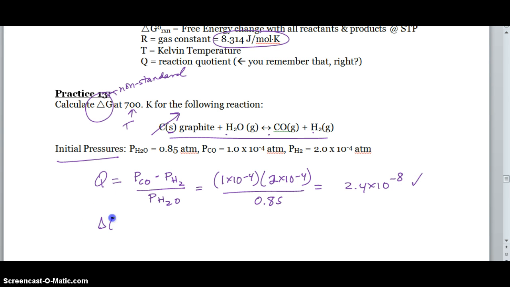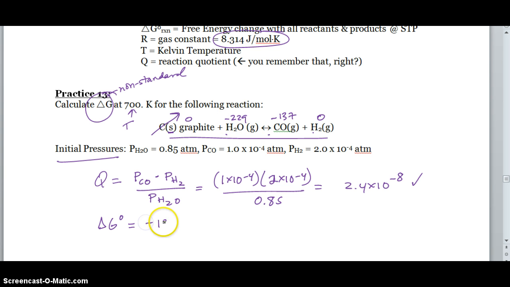The other value I need is delta G naught, the standard Gibbs free energy, which comes from tables. So we look up values for these species. These two are going to be 0 because they're in their standard state, but the others will not. Looking in the table, for CO it's negative 137, and for H2O gas it's negative 229.